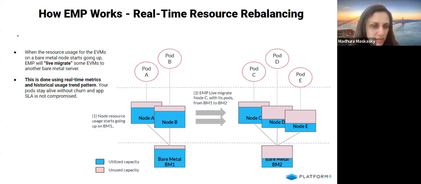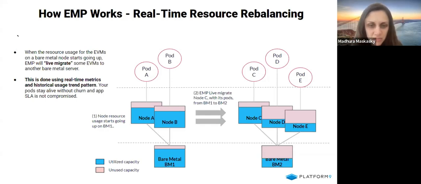When EMP detects such contention, when all of the VMs on a particular bare metal node suddenly start consuming all of the given resources, EMP has the ability to live migrate some of those virtual machines seamlessly and behind the scenes to another bare metal node, which would have more resources. So in this example, EMP live migrated node C from bare metal 1 to bare metal 2 because it detected contention at bare metal 1.